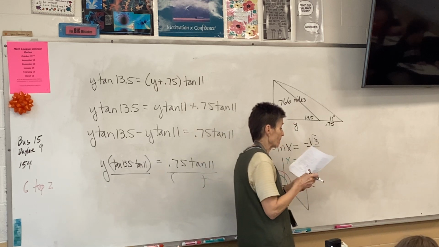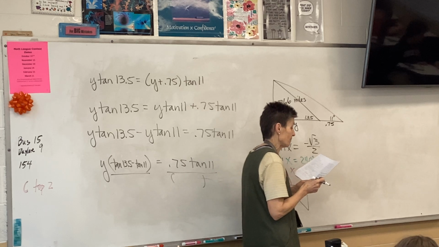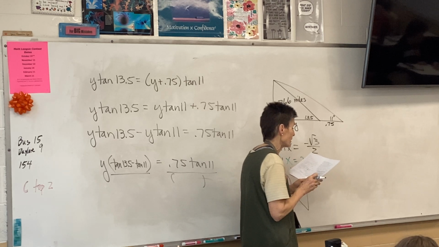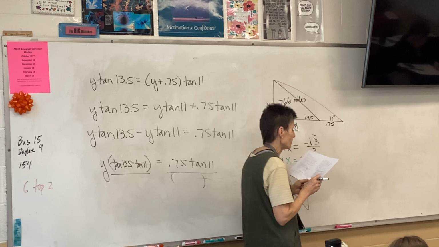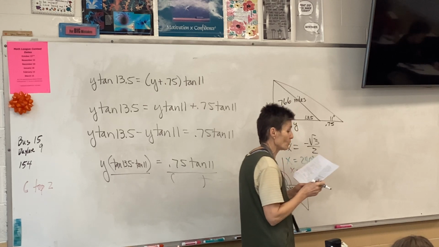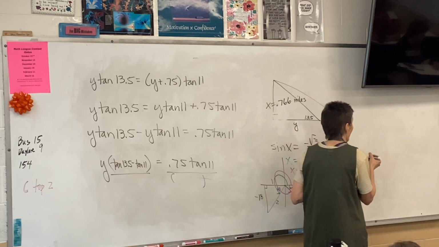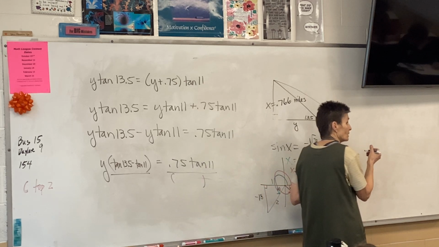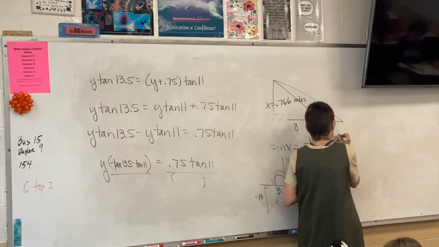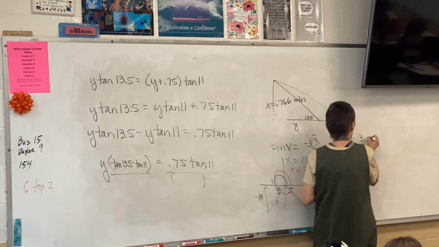Okay, number 19. What is the period of the first function, the first half of the problem? It's 2 pi divided by 2, so it's pi.